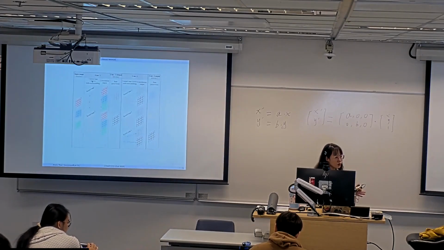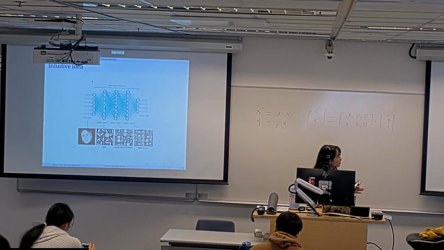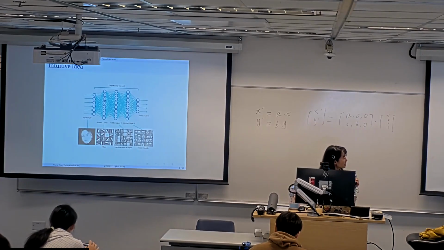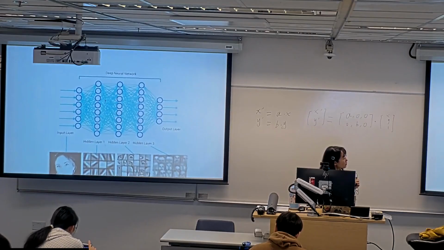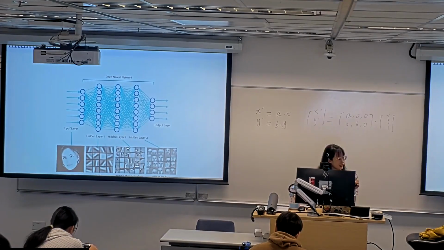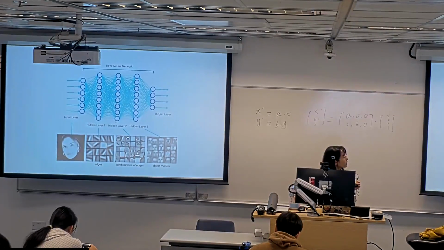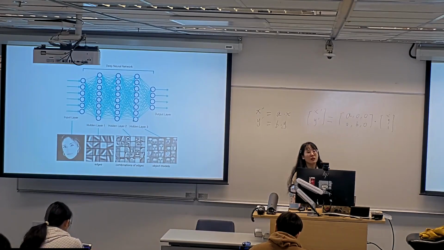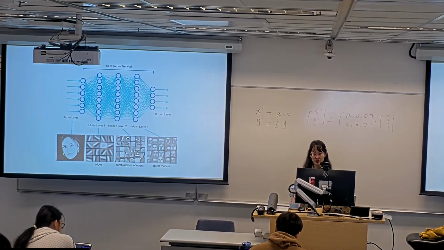So let's move on to learn more details. The intuitive idea of convolution layer will be like this. In a deep neural network, we have an input layer, an output layer, and many hidden layers. We can regard each hidden layer as trying to extract some features from the input.